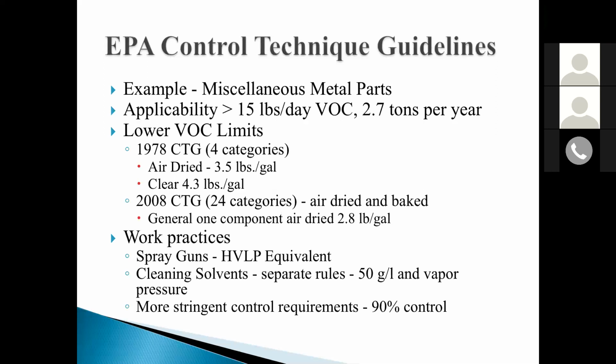But I would definitely reach out to the coating manufacturer. They should be able to provide a coating that can meet the limits. It may be problematic. It might be different technology. They might have to work through the application and stuff like that. But the coating manufacturer should have coatings that meet the new limits.